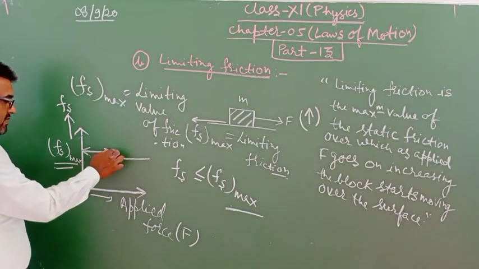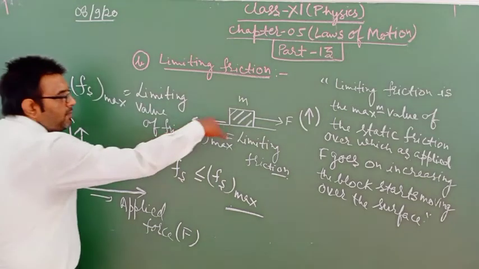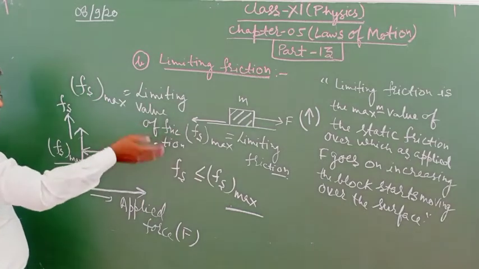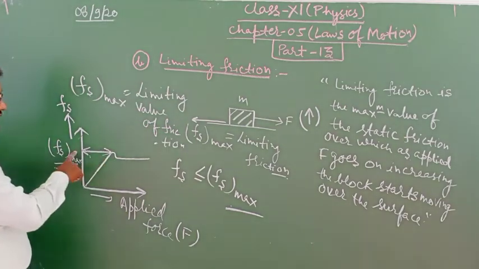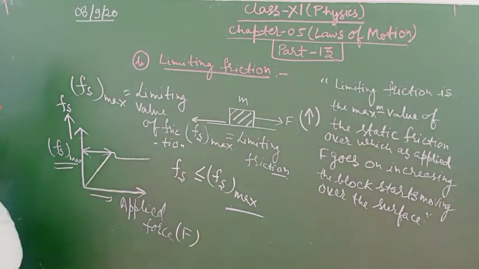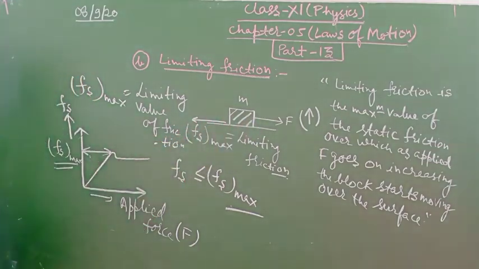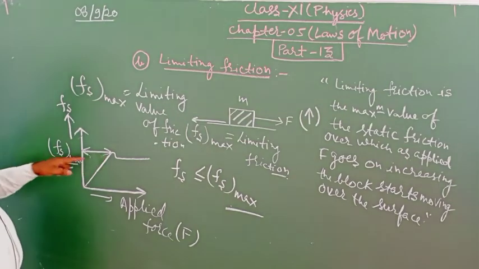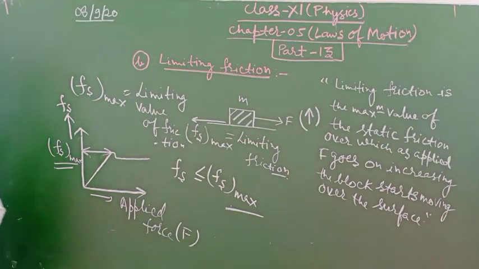This is the maximum value of the static friction, and as the applied force counterbalances this static friction, it decreases and acquires a constant value. The frictional force acquires a constant value throughout the motion of the block over this surface. So this value is called the limiting friction, Fs max.